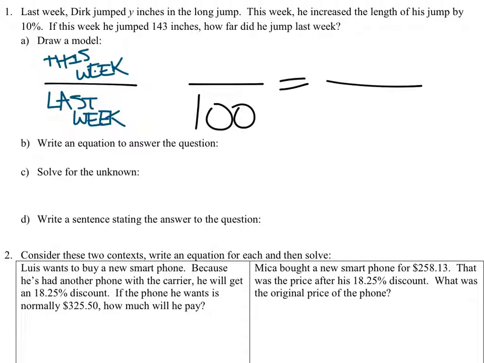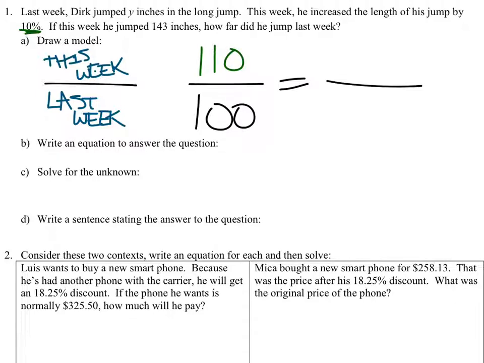And we don't know the percent on it. No, we do know the percent. But we have to be careful on it. All right? So you did jump 10%, but it's 10% more than last week. So if last week you jumped 100%, then this week, he's going to jump 110% of what he did last week.